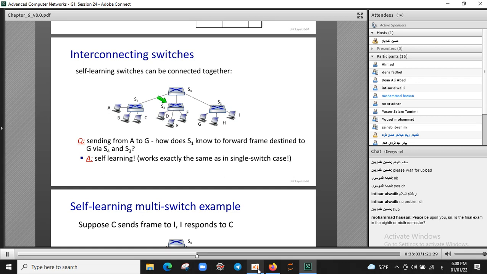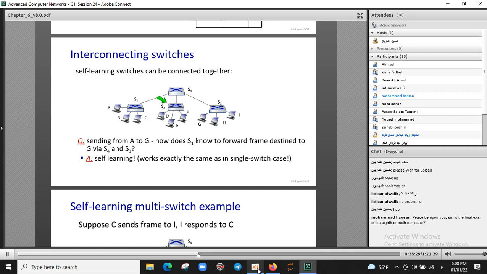Why? Because in chapter 1 we talked about cables. We talked about twisted pair cables, especially UTP, and also about fiber cables. Fiber cables are too expensive, but twisted pair cables are cheap.